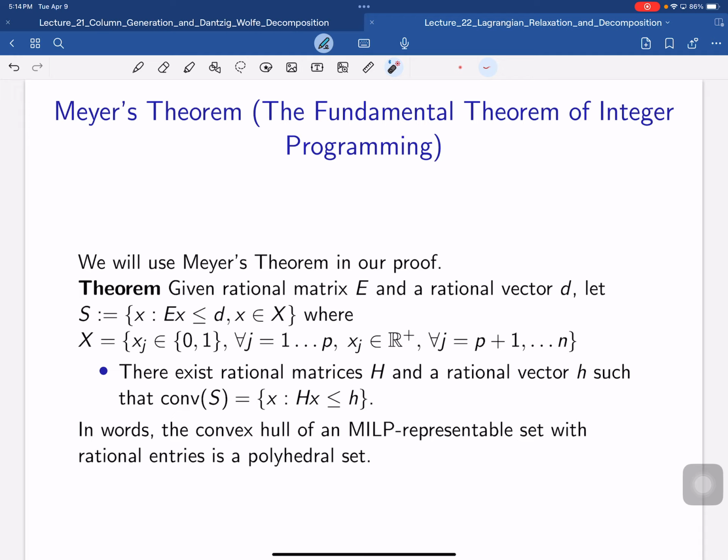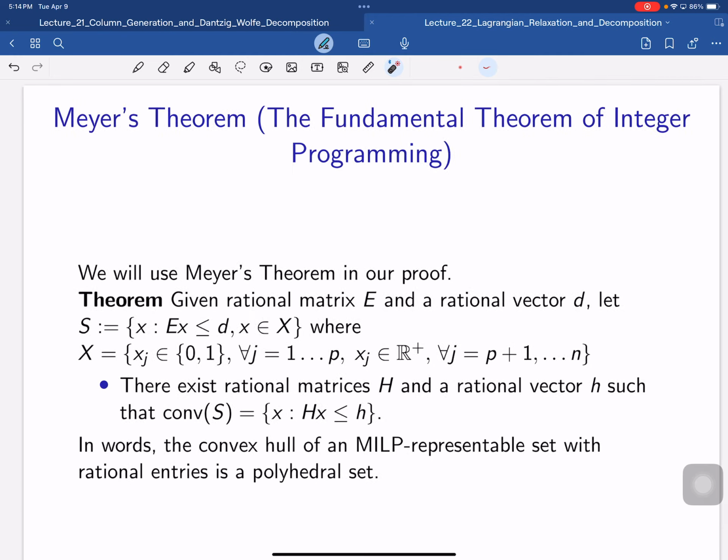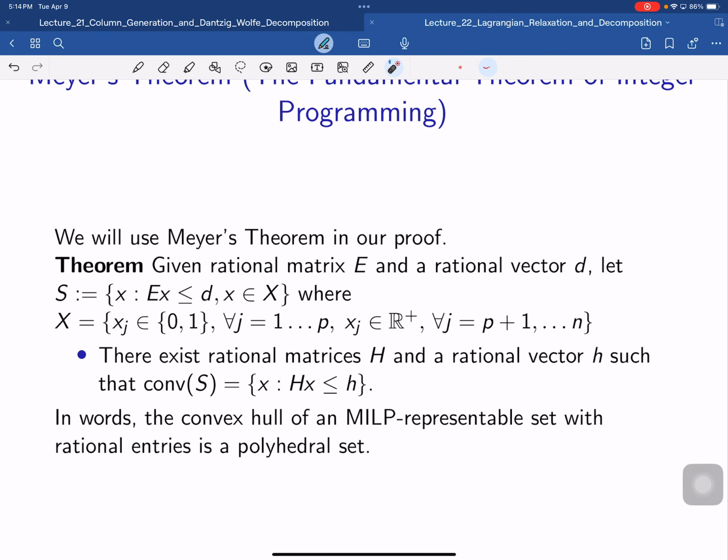It says, given a rational matrix E and a rational vector D, let's assume this is the set of constraints that you did not dualize, and X is a mixed integer region here. It basically says the convex hull of an MILP constraint is a polyhedral set.